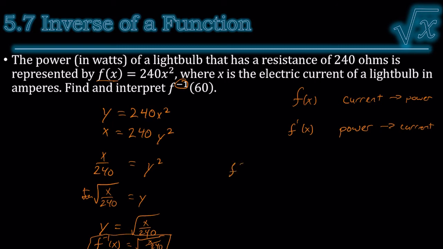And then we want to plug in a 60. So if I plug in a 60, 60 over 240 is 1/4. The square root of 1/4 is 1/2. So what is that? That is the current in amperes. So it's 1/2 amps.